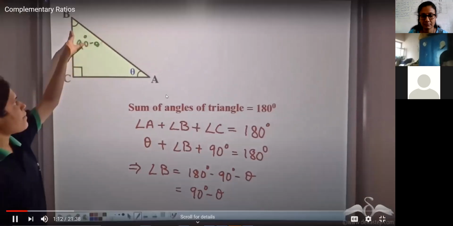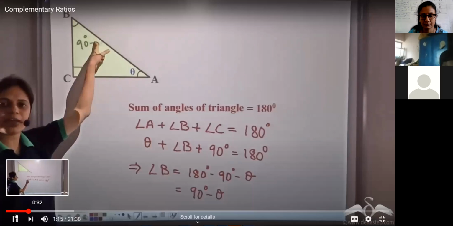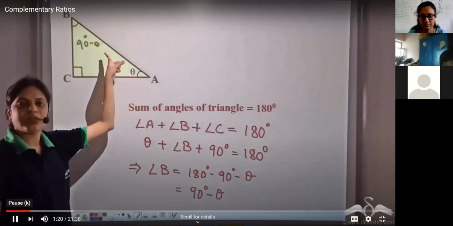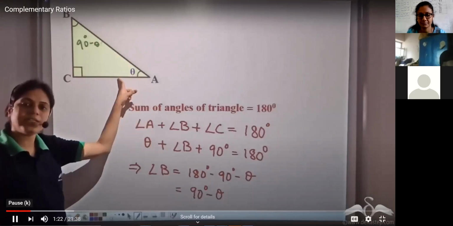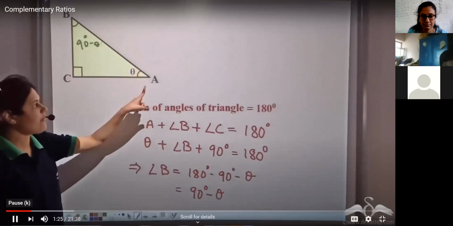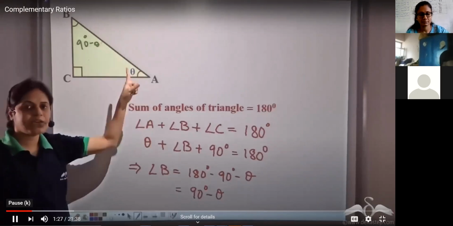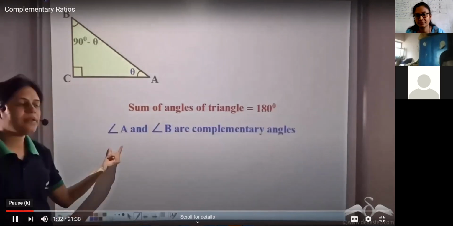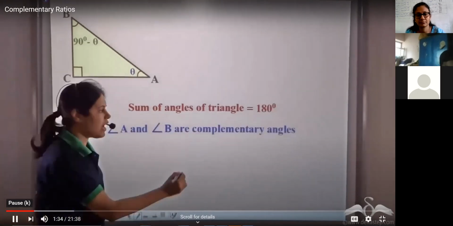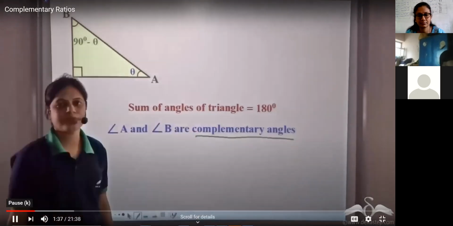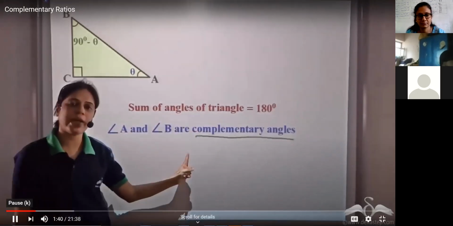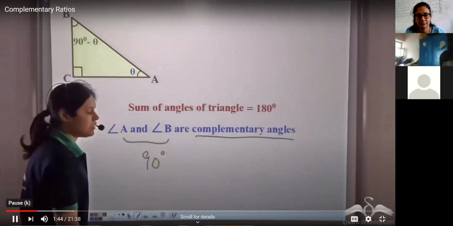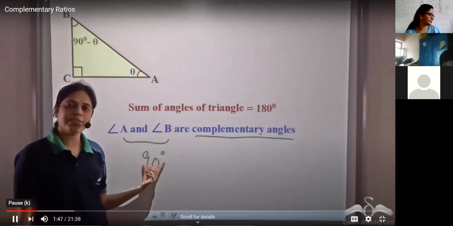Also, the sum of angle A and angle B is 90 degree because this is 90 minus theta and this is theta. 90 minus theta plus theta is 90. So the sum of angle A and angle B is equal to 90 degree. Or we can say that angle A and angle B are complementary angles, because when the sum of two angles is equal to 90 degree, the angles are called complementary angles.